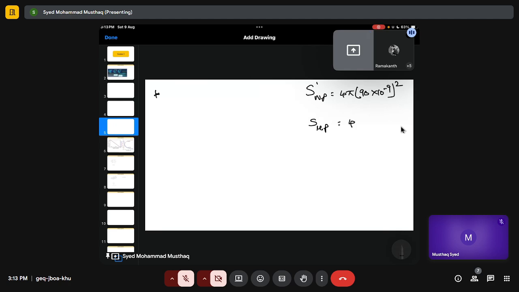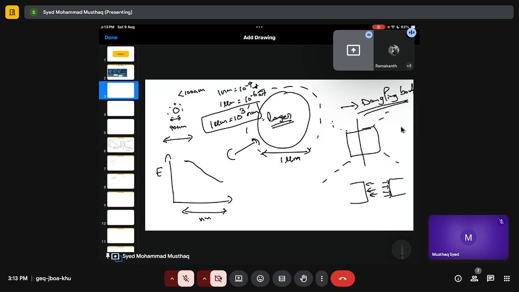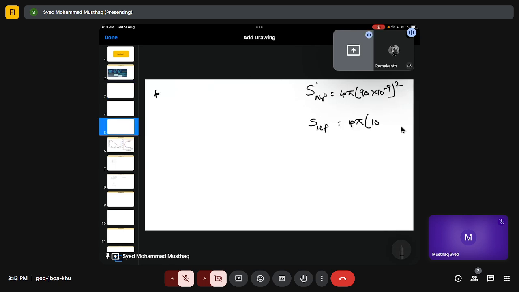It will be 4 pi, and it is 1 micrometer, right? So 10 to the power of minus 6, squared. You can clearly see that the surface area for the microparticle is larger when compared to the nanoparticle. So who has higher energy then? Mathematically it should be this one, when you see it from a macroscopic view.